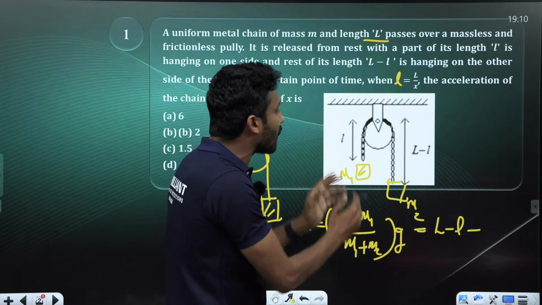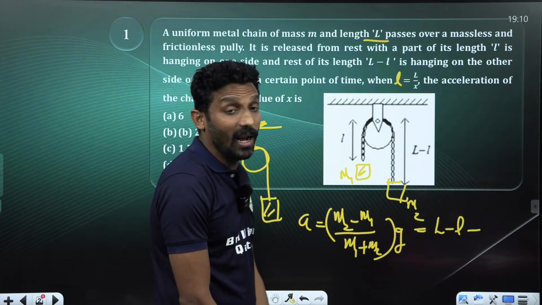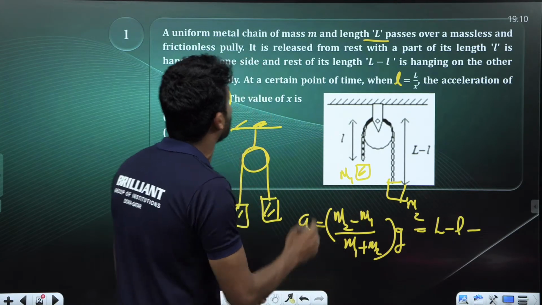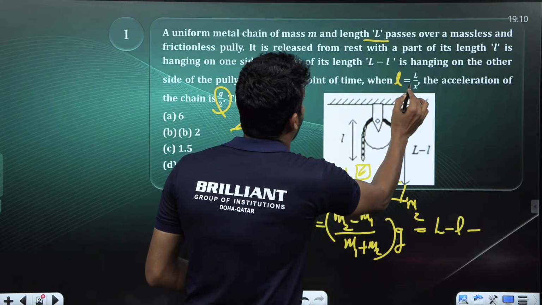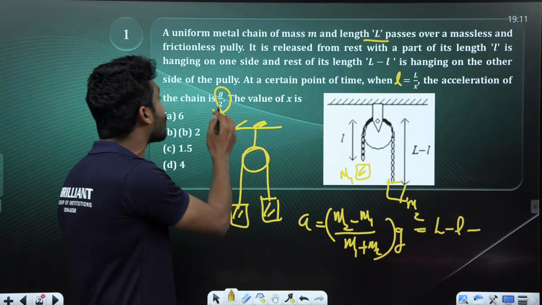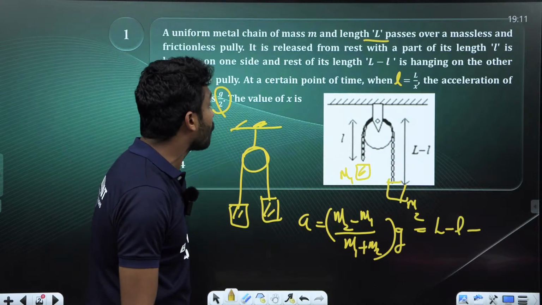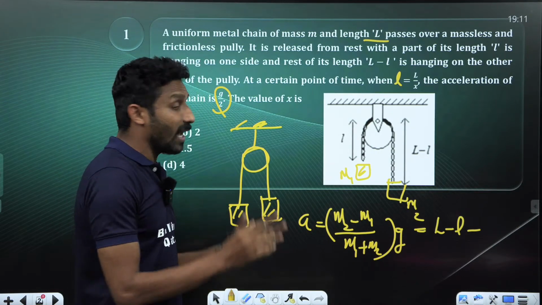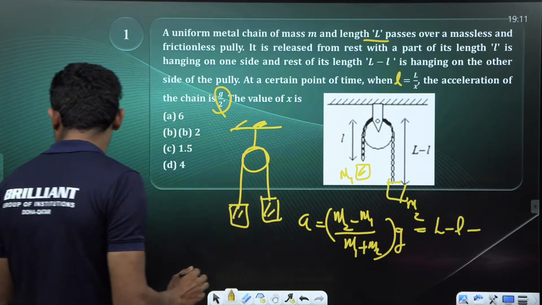This part is given in the question as L by x. When this l is equal to L by x, the acceleration given is g by 2. Find the value of x. Understood? So we can move into the next page.